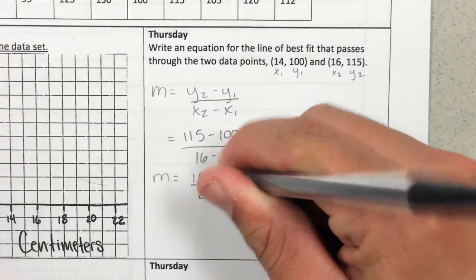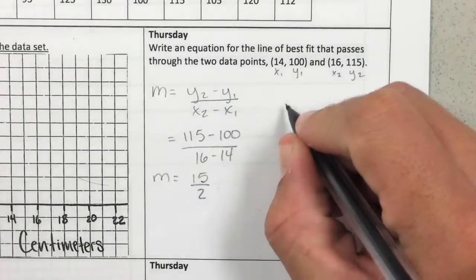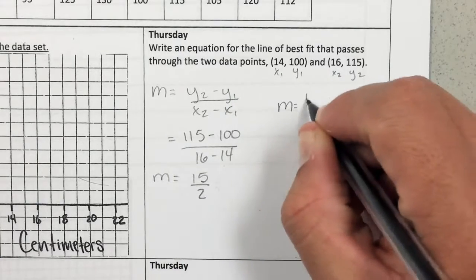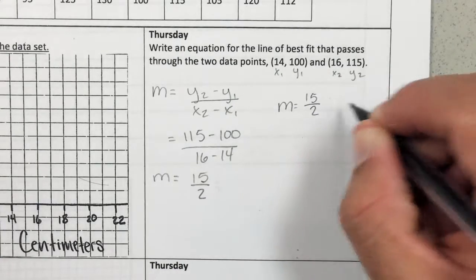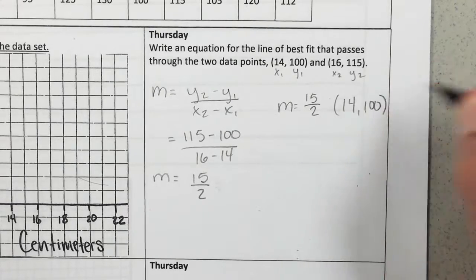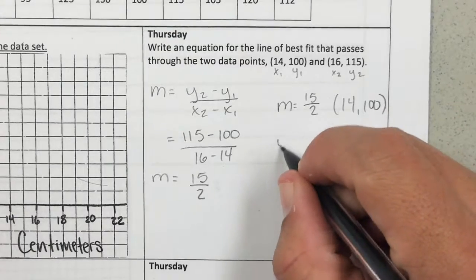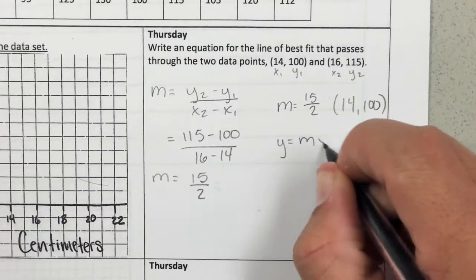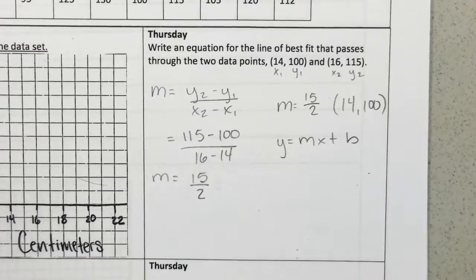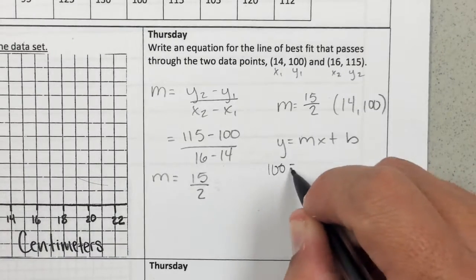Alright, so I'm actually going to leave it right there. Now we're going to take the slope, which is 15 over 2, and one point, which, it doesn't matter which one, I'm just going to pick the first one. Okay, and we're going to plug this into y equals mx plus b so we can solve for b. The y should be 100 in this case.